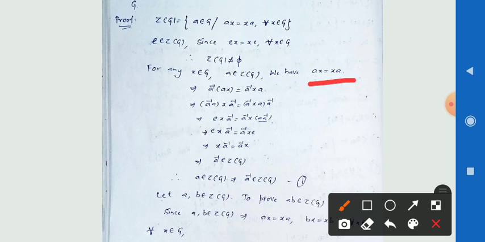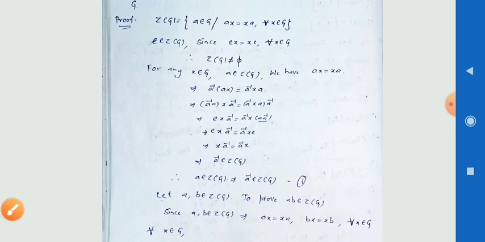If X is an element in G and A is an element in Z(G), it can be written as AX is equal to XA. Now I am taking A inverse on both sides, left hand side: A inverse into AX is equal to A inverse into XA.